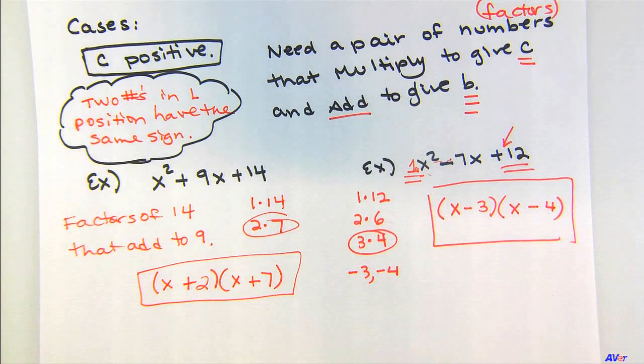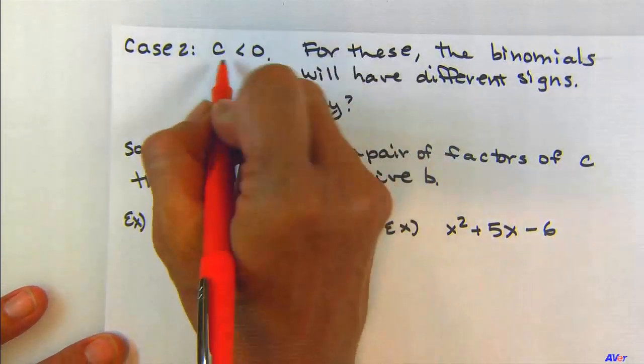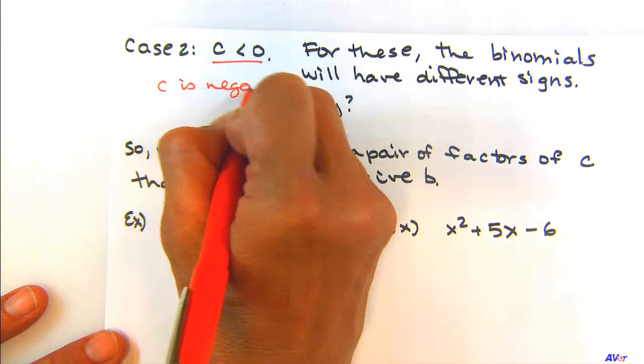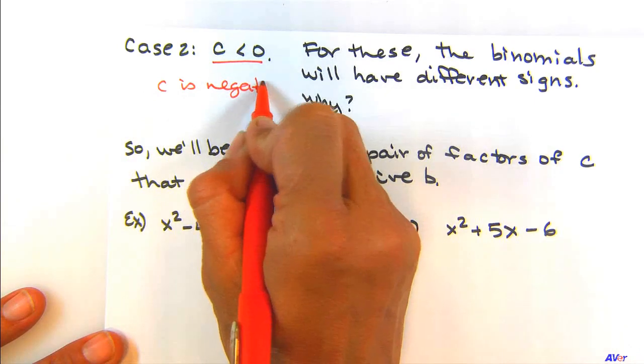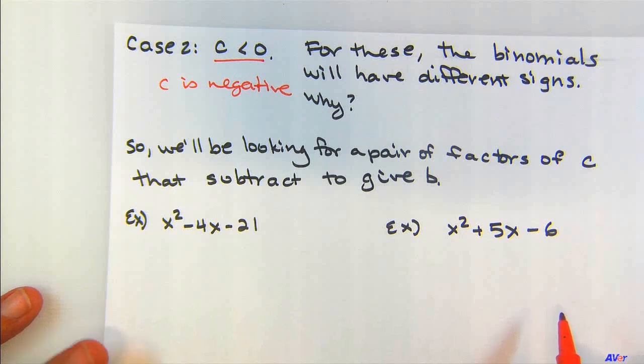All right, so case 2 is if c is negative. This is the inequality way that we write c as negative. Okay, so for these, the binomials will have different signs. Why do you think that is?